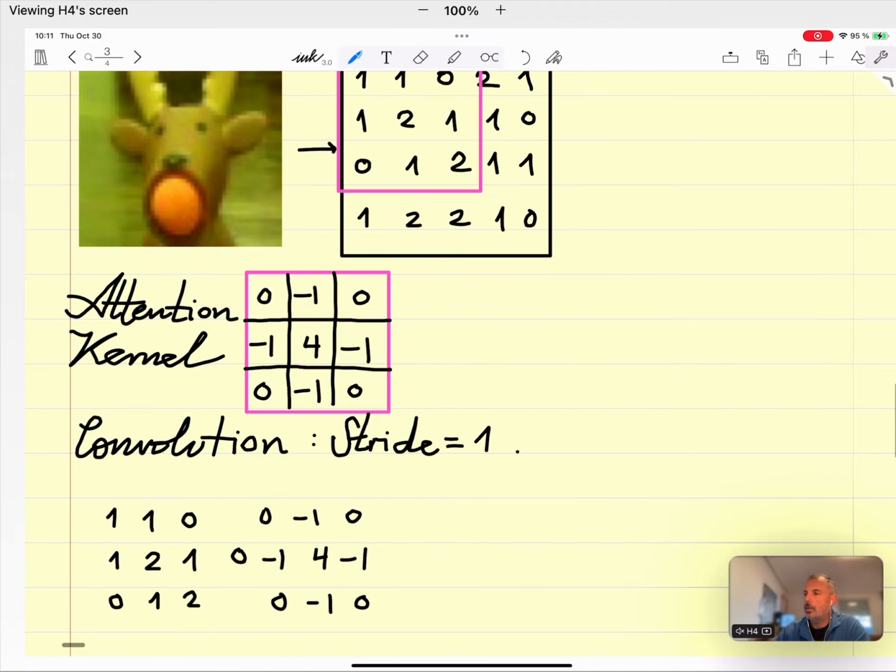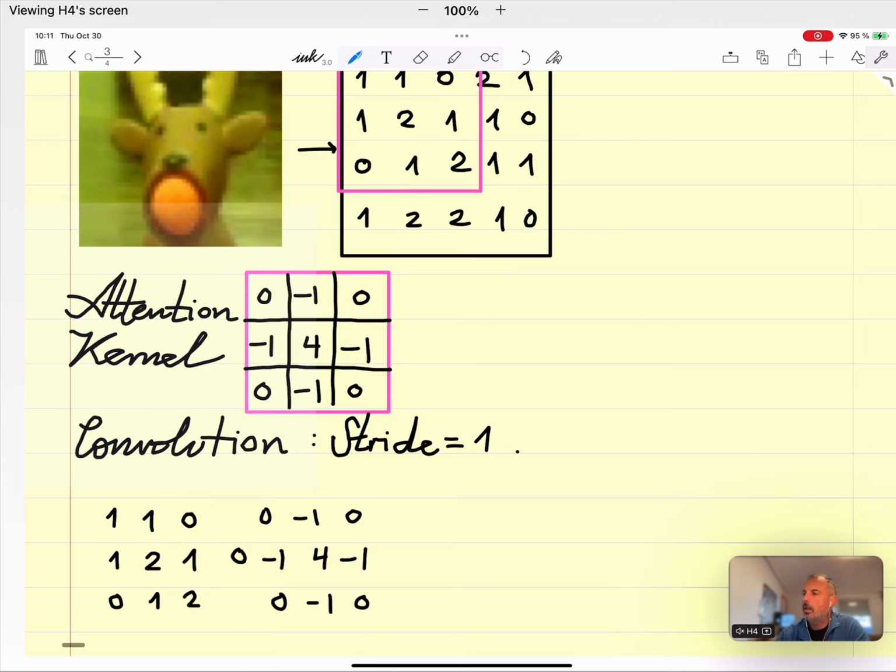So you see the elements here: 110, 121, 012, and the kernel 0, minus 1, 0, and so on.